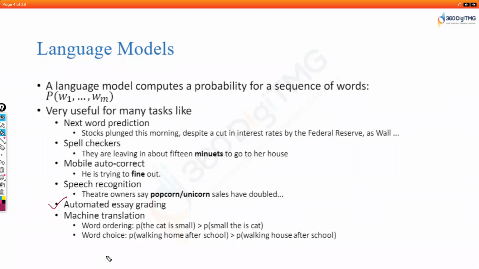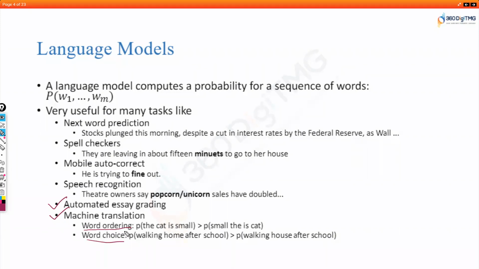How many points should we give to a person is something which is done using your language models. Then in machine translation or language translation, we can also use those. And here it will help you in word ordering, word choice, etc.